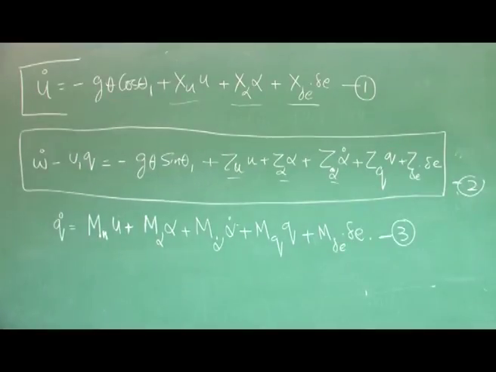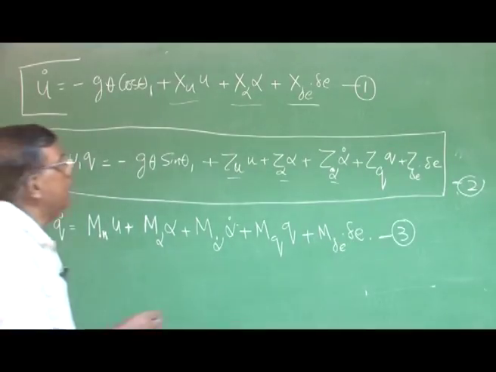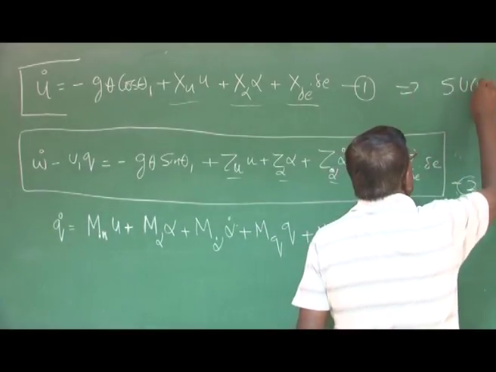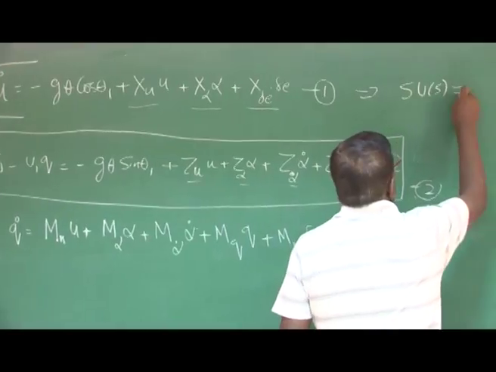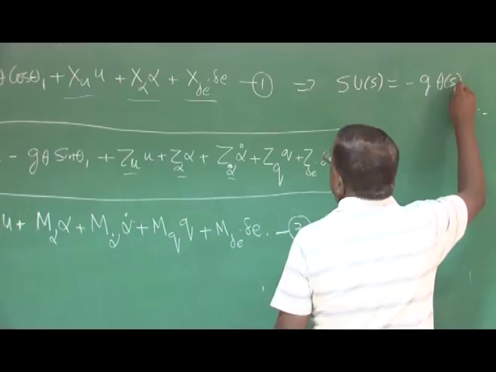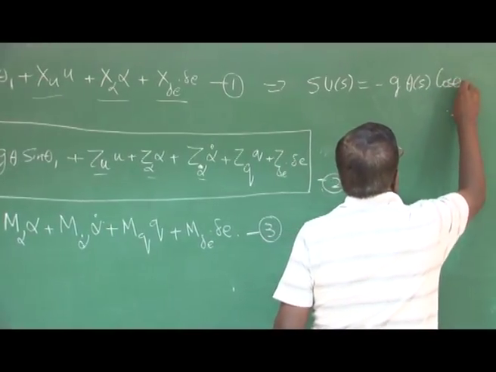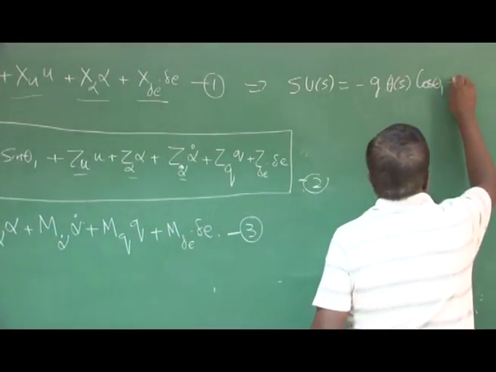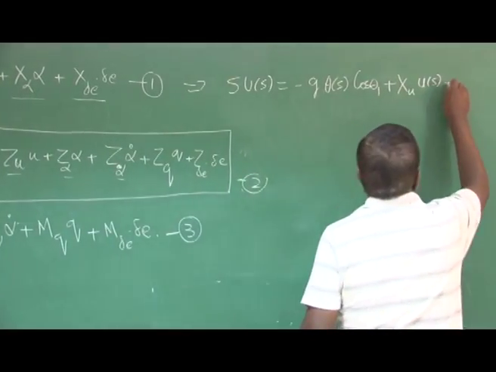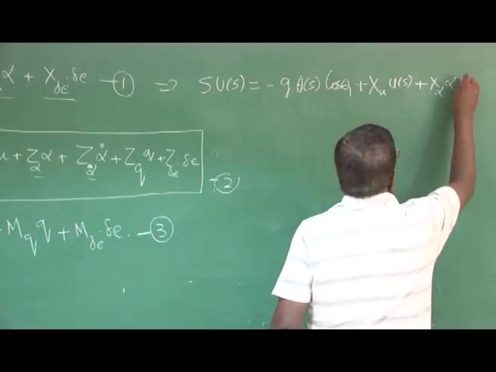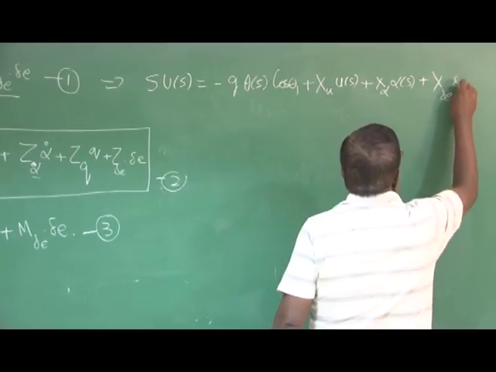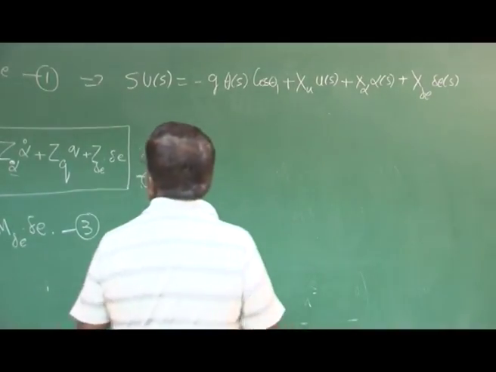If I take Laplace transform on these equations, first equation I will get s u of s is equal to minus g theta of s into cos theta 1 plus x u into u of s plus x alpha into alpha of s plus x delta e into delta e of s, right?